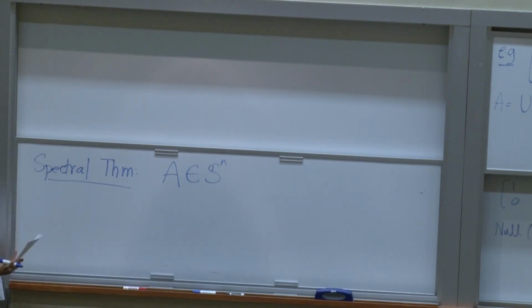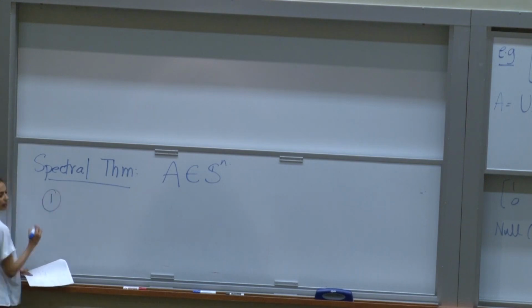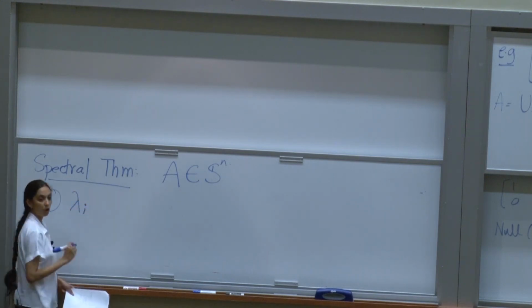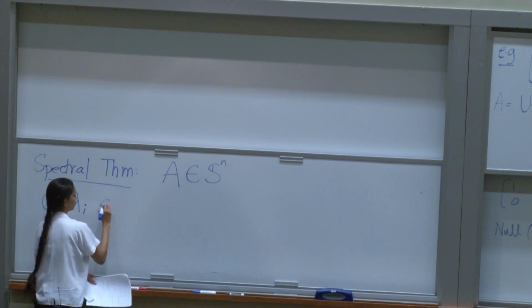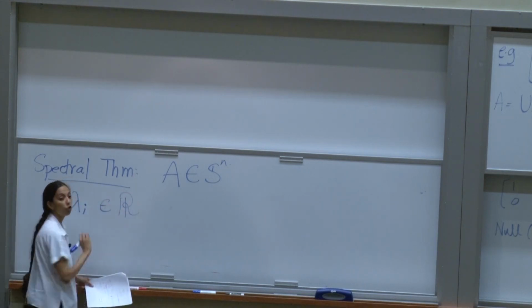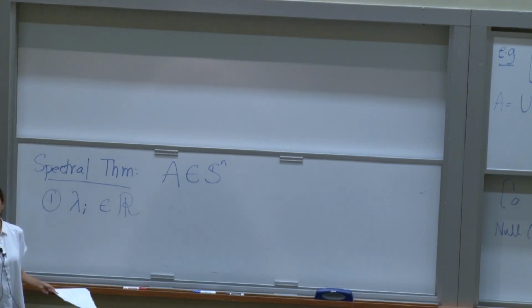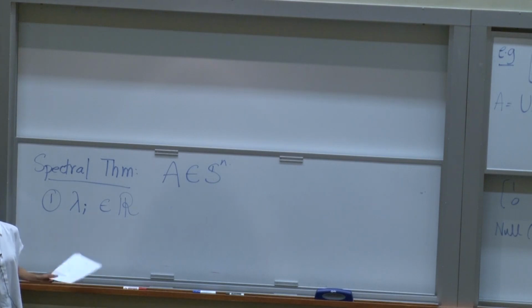Then, if A is symmetric, we can say some very nice things. The first is that all lambda I, all eigenvalues, are real numbers. There are no complex eigenvalues. No nicer thing on an exam than to see a symmetric matrix and be asked to compute its eigenvalues. You're never going to run into anything complex. Okay?